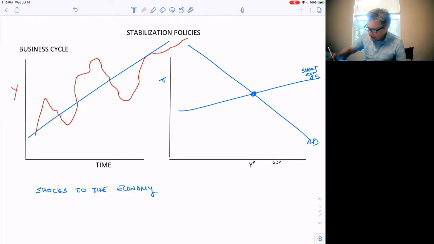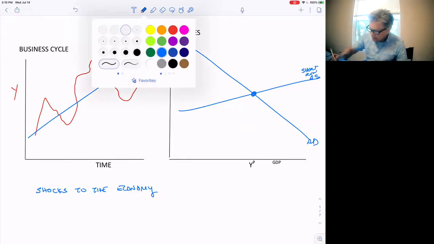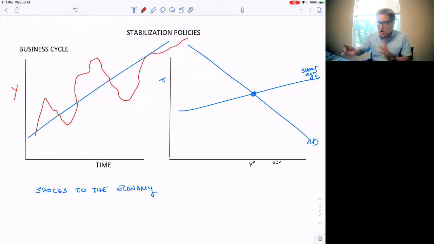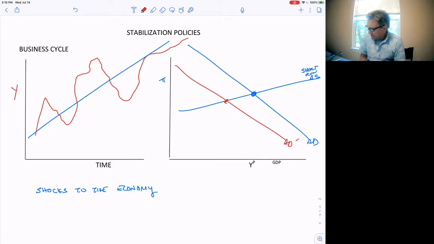So we can look at this downturn in the economy as part of this business cycle as, hey, there's a sudden drop in aggregate demand. And the result is output drops. And remember, this aggregate demand is C plus I plus G plus net exports.